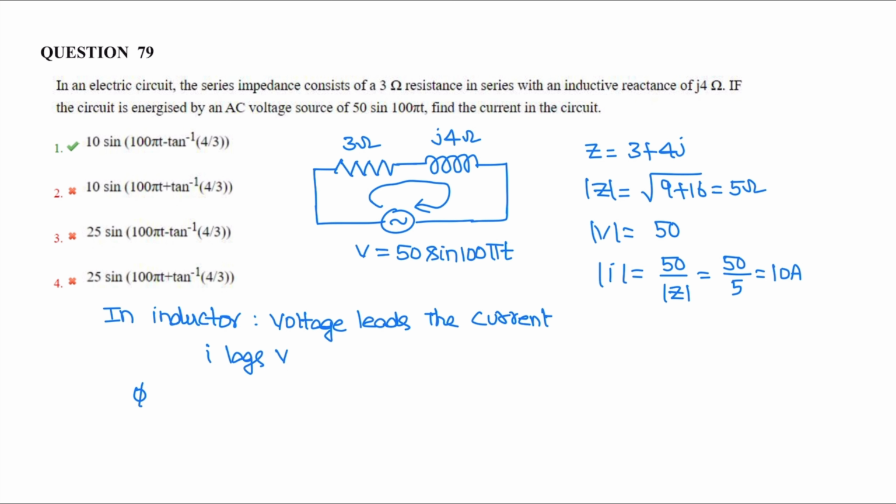The lagging angle phi is equal to tan inverse of imaginary component by real component, tan inverse 4 by 3. So phi is equal to arctan of XL by R, inductive reactance by resistance.